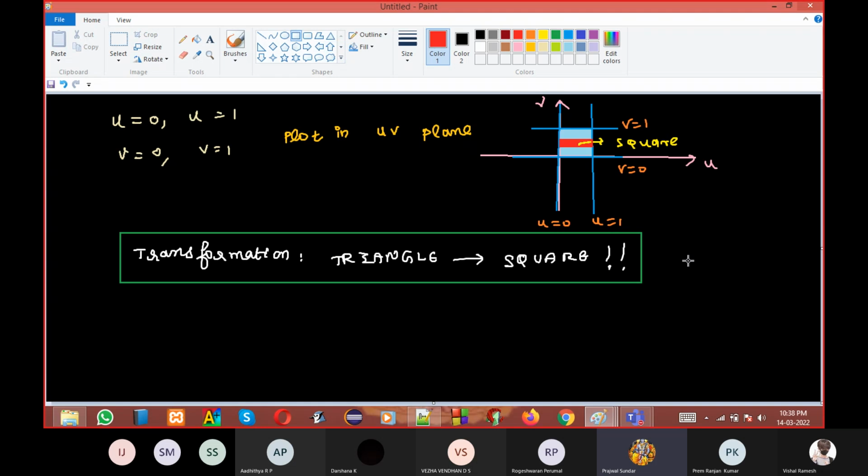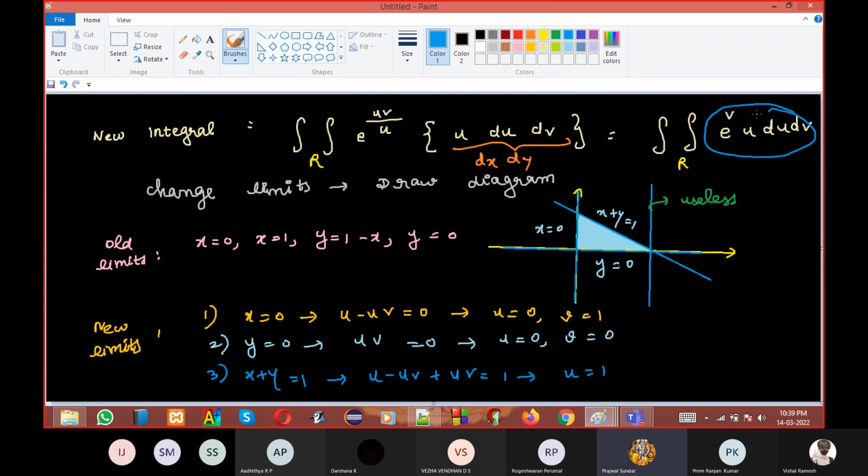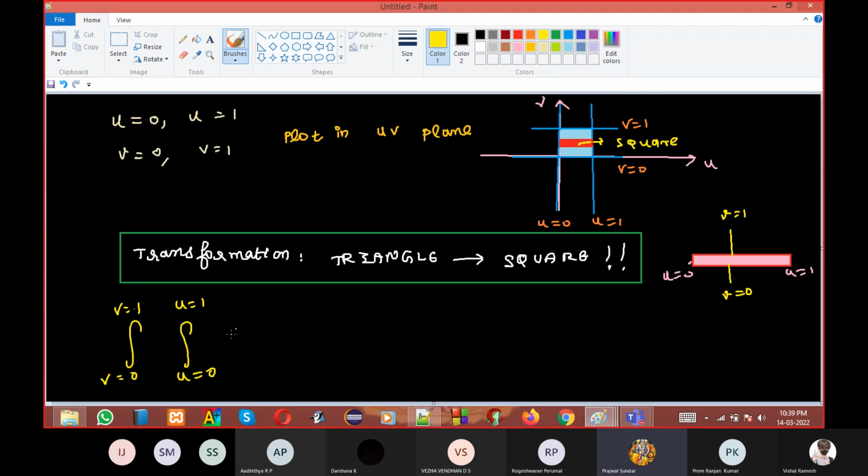Look at this carefully. Taking a strip, not an x strip, this is a u strip. It goes from u equal to 0 to u equal to 1, and then this strip will move from v equal to 0 to v equal to 1. Correct? So perform the integration: u equal to 0 to 1, v equal to 0 to 1, and the function is e power v into u du dv.